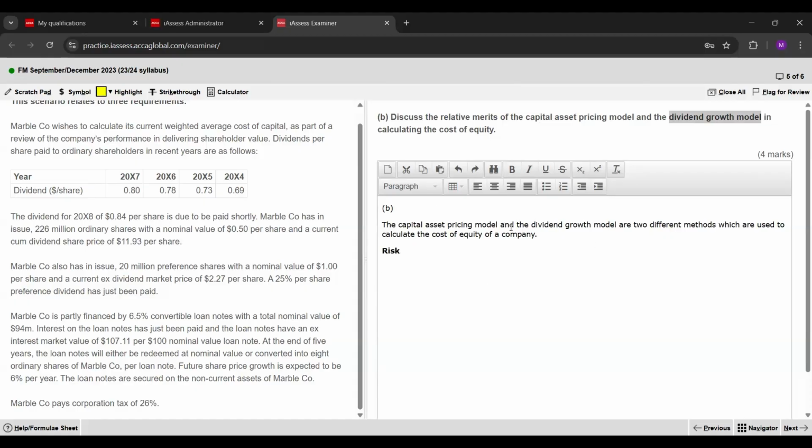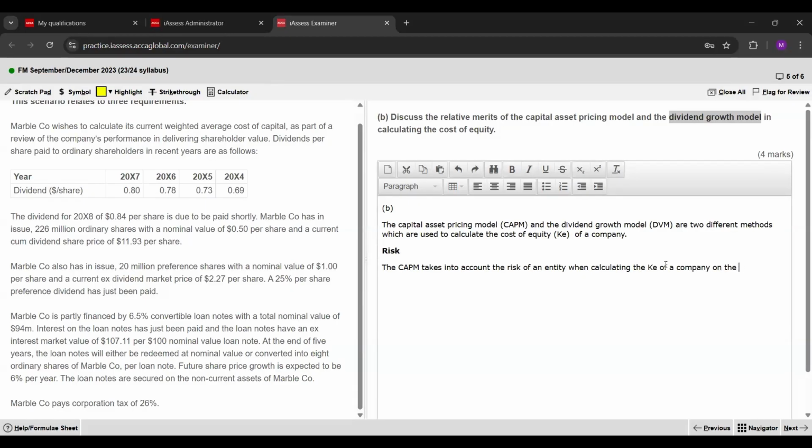so here, CAPM takes into account the risk of an entity when calculating the cost of equity.